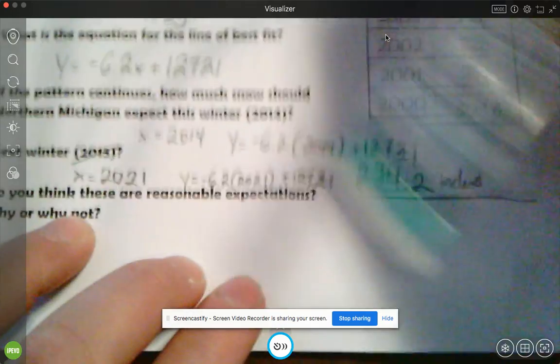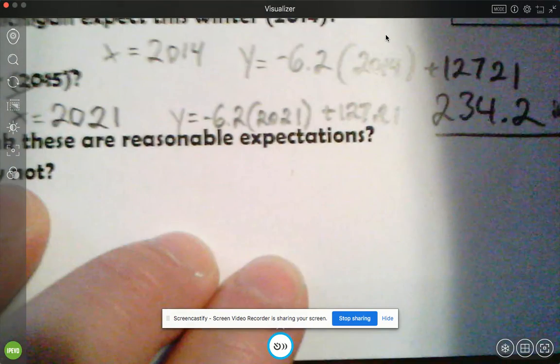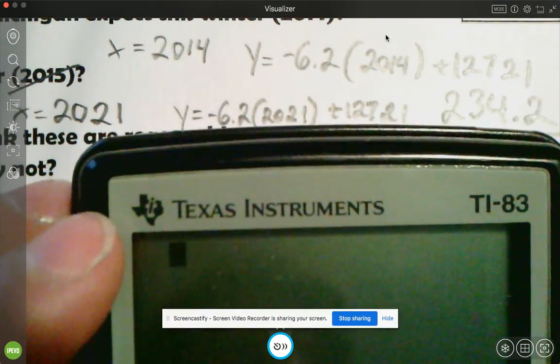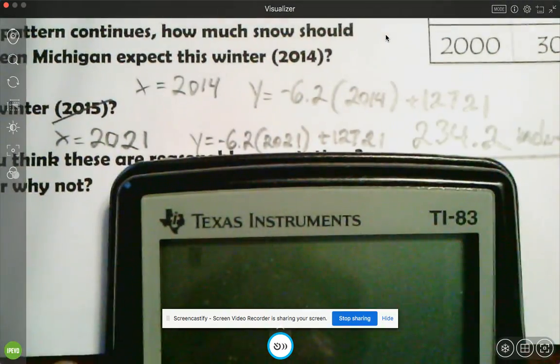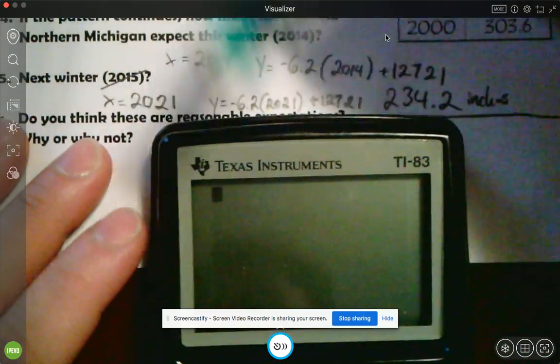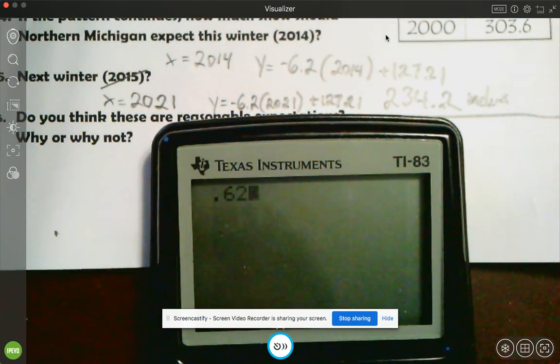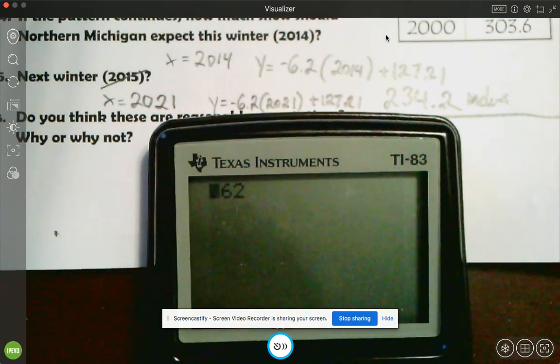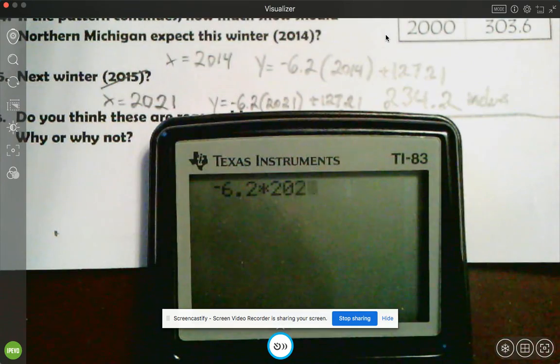12721. Okay, so now when I do that on my calculator, I'm going to just type it in so you can see it. So negative 6.2 times 2021, and then enter, and then plus 12,721.